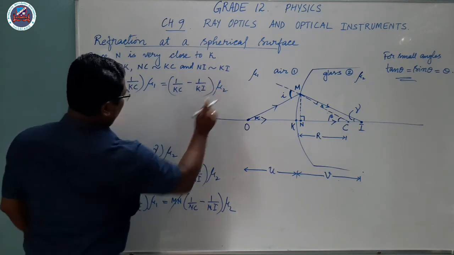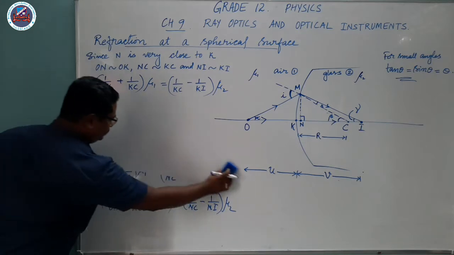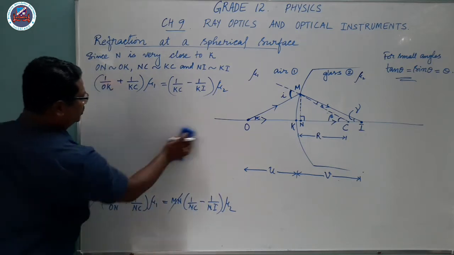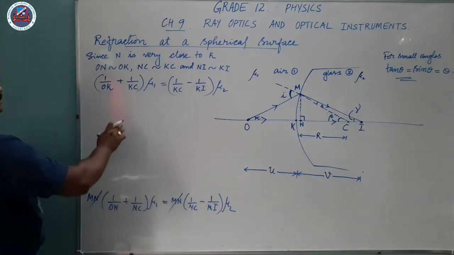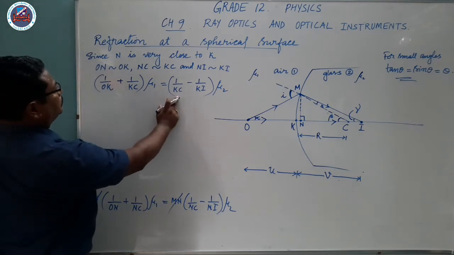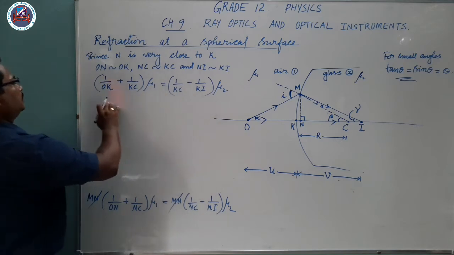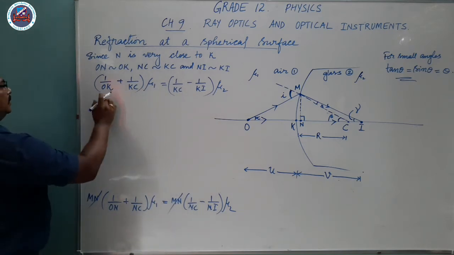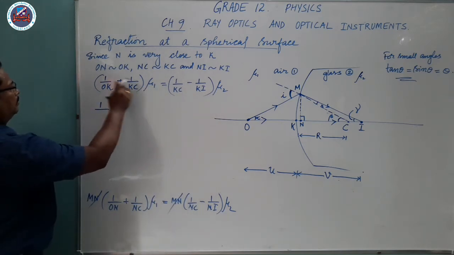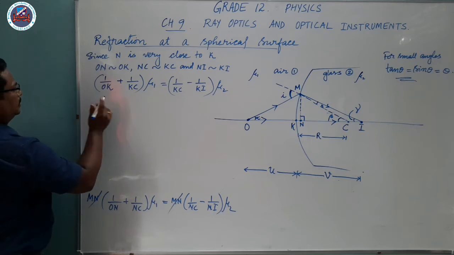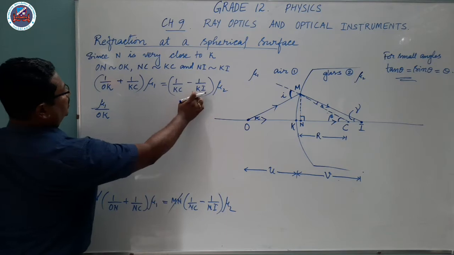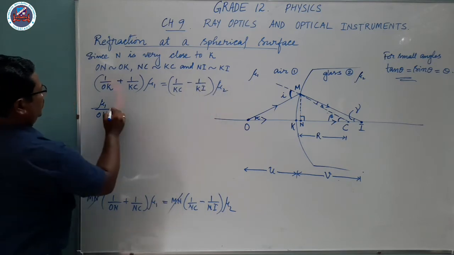After putting this value, look, the common terms, these two are common. I'll transfer it this side, and this minus term I'll bring towards my left. Left hand side you have mu1 by OK, and this minus term will be mu2 by Ki.